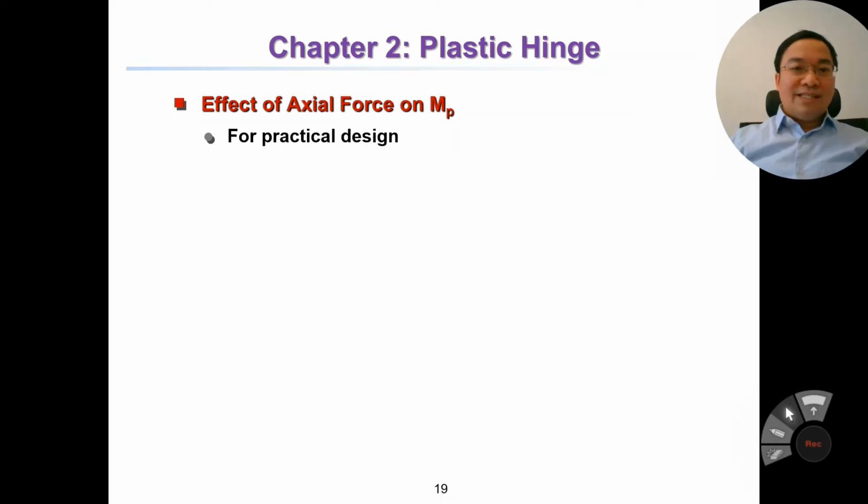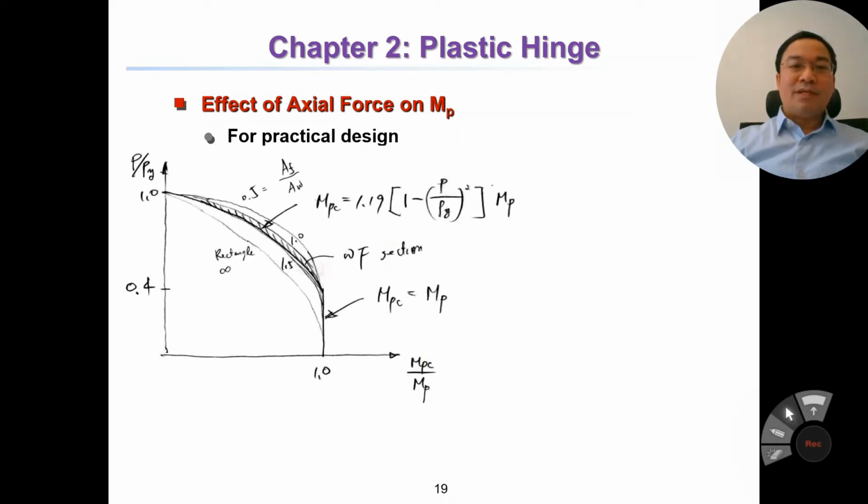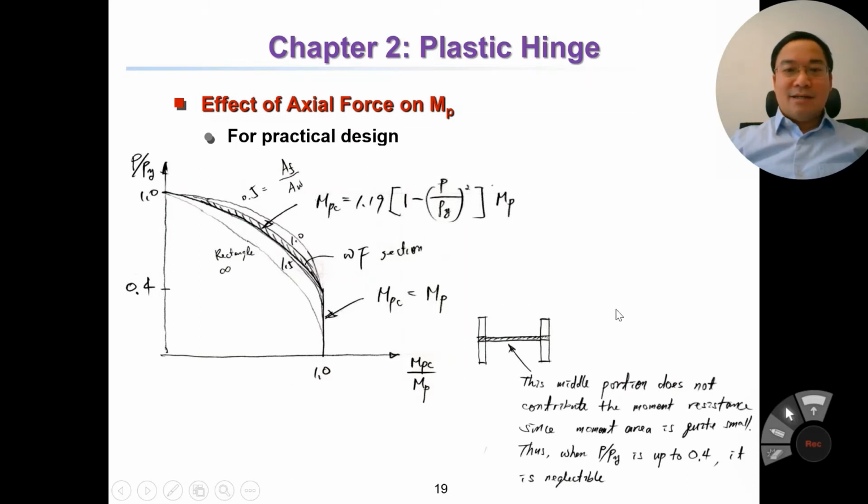And for practical design of I section with weak axis bending, it is said that if the axial force is too small, small means P over Py is smaller than 0.4, then the web does not contribute to the moment resistance.